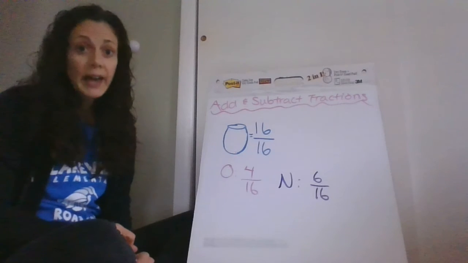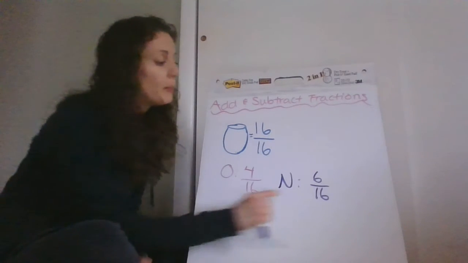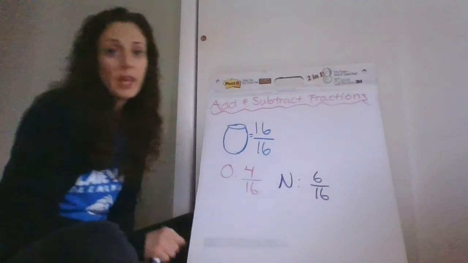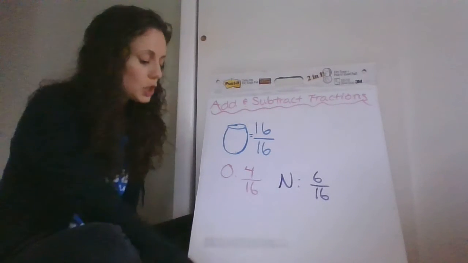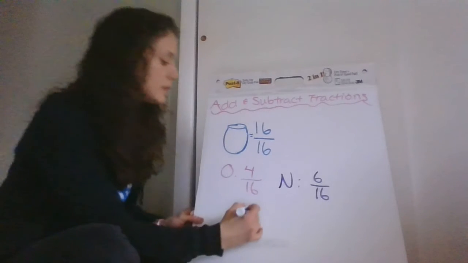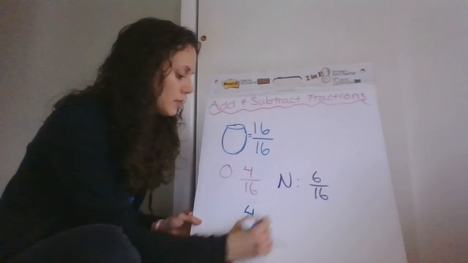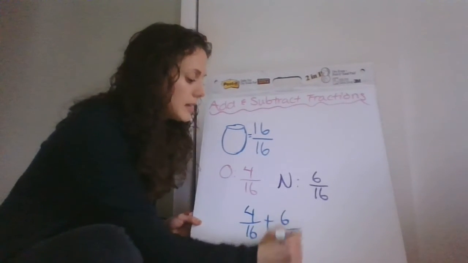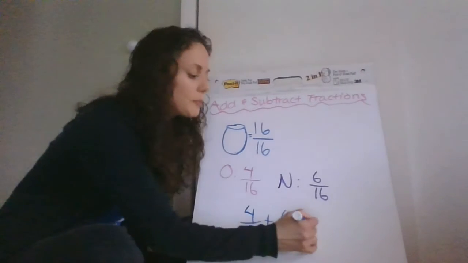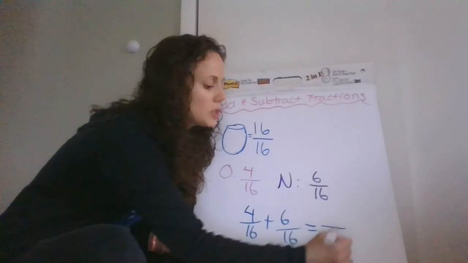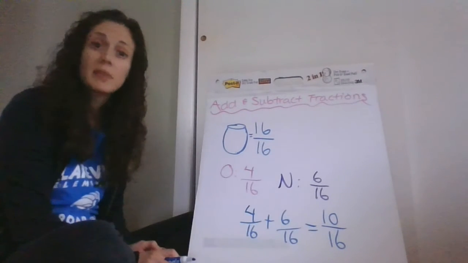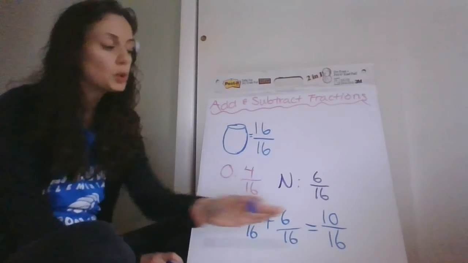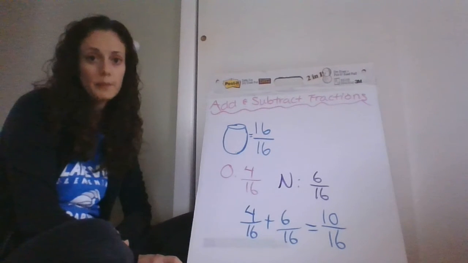So in order to do that, I have to add up the totals for both kids to find out how much in all they drank together. So I would do 4 sixteenths plus 6 sixteenths. Remember, the denominator does not change. 4 plus 6 equals 10 sixteenths. So that means that the kids drank a total of 10 sixteenths of the jar.